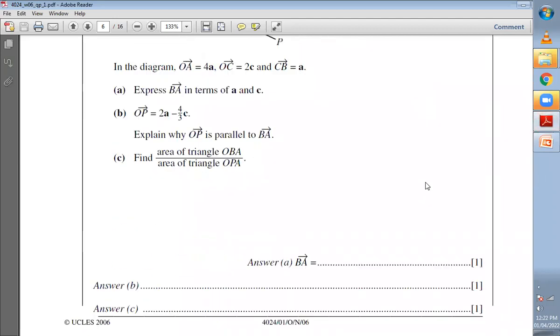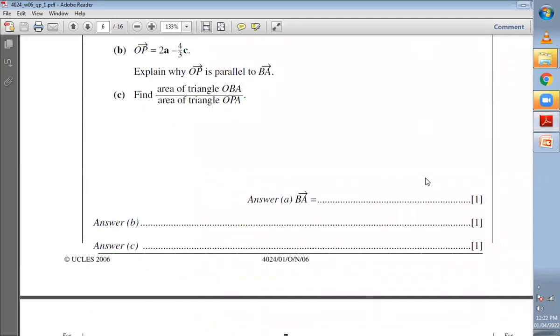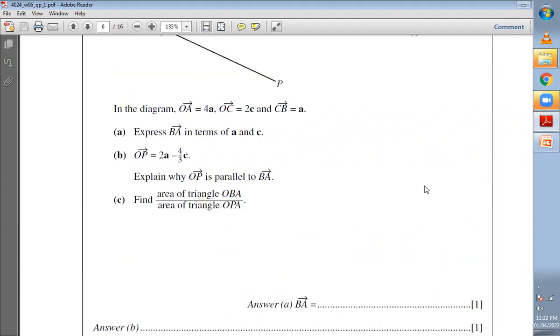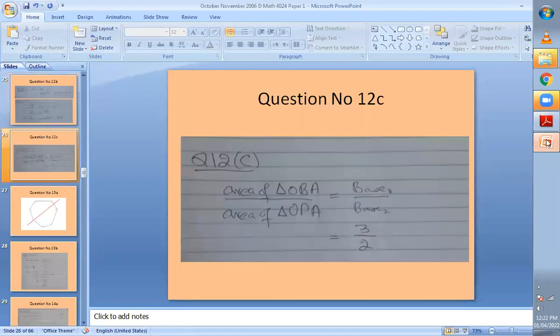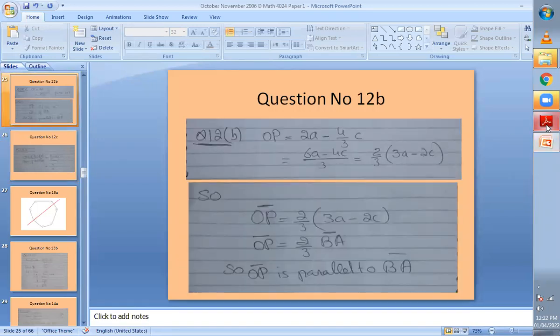The next part is, he says, find the area of the triangles OBA and OPA. He wants you to find the area of the triangles OBA and OPA. If you look at these triangles, OBA and OPA, their baseline will be the same, and because these two lines are parallel, let me show you.